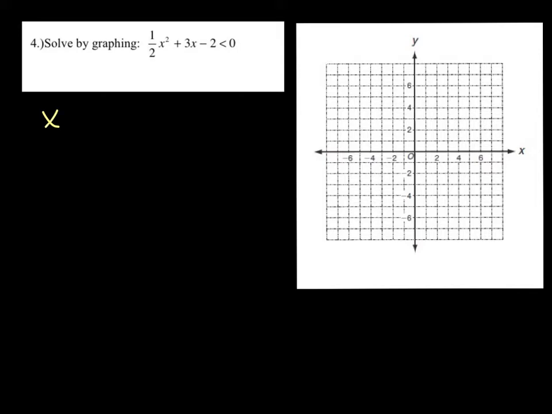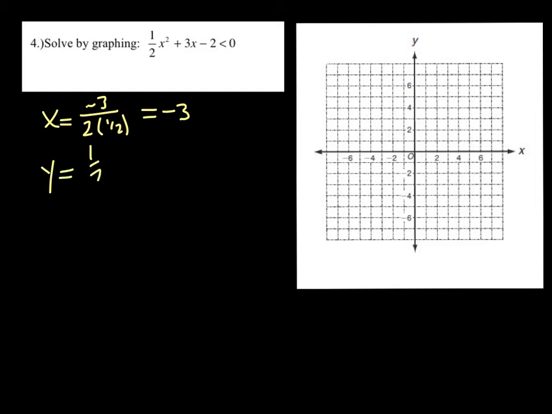So x equals negative b over 2 times a, so negative 3 over 2 times a, which is 1/2. So negative 3 over 1 is negative 3. Find your y.